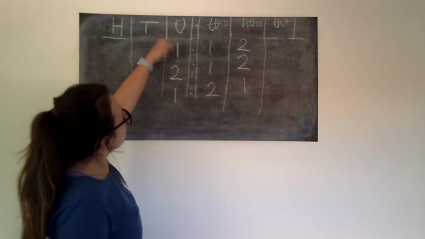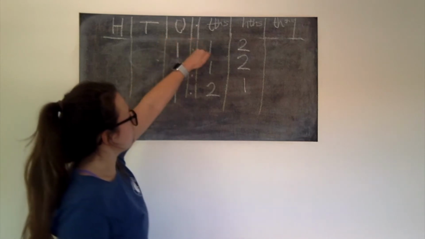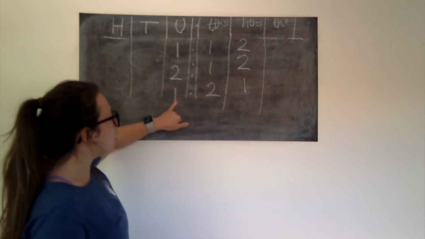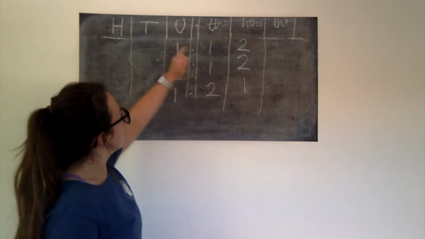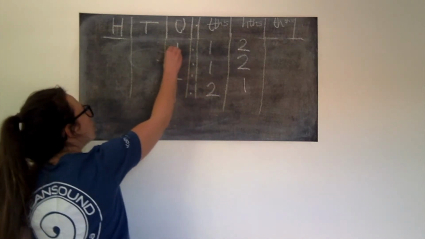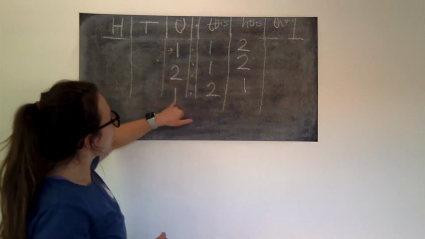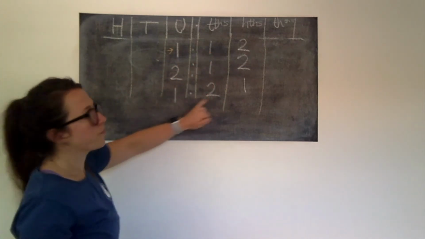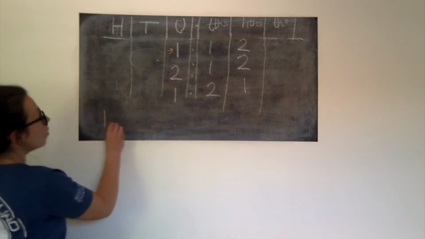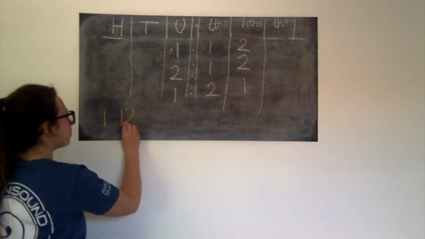My top number has got 1 whole and 1/10. This one down here has got 1 whole and 2/10. So remember, we're looking for the smallest. This one must be the smallest number because it has the same amount of wholes but only has 1/10 rather than 2. So my smallest number should be 1.12.